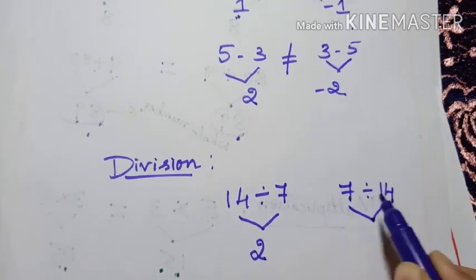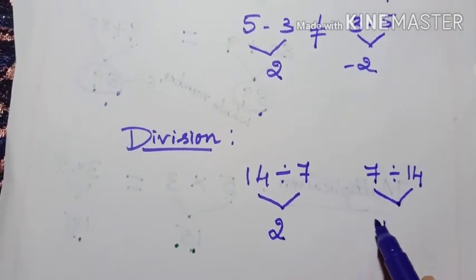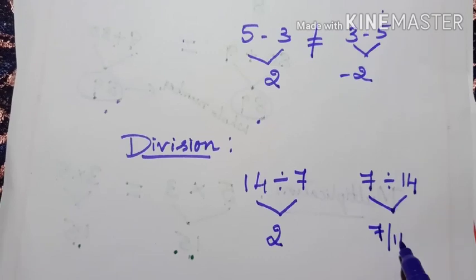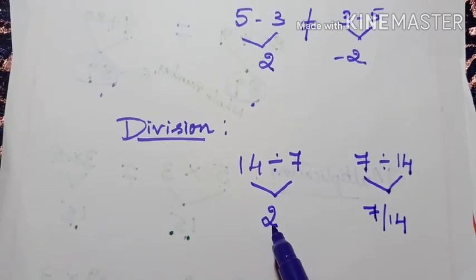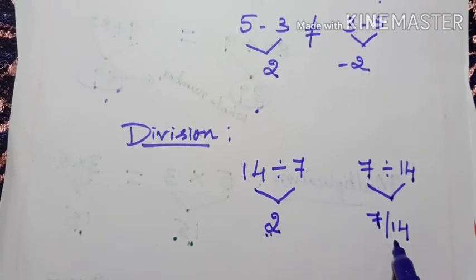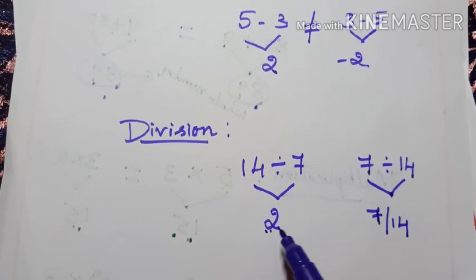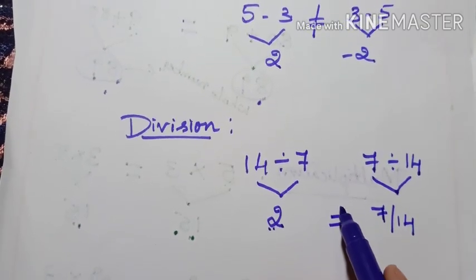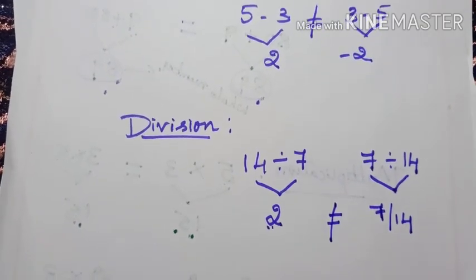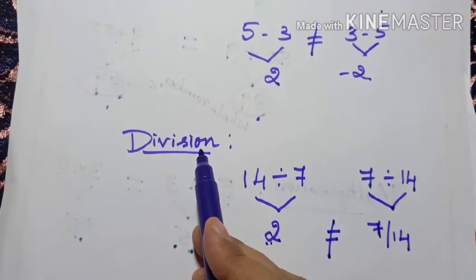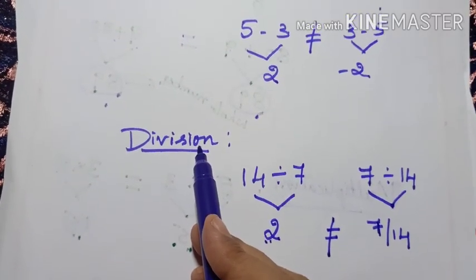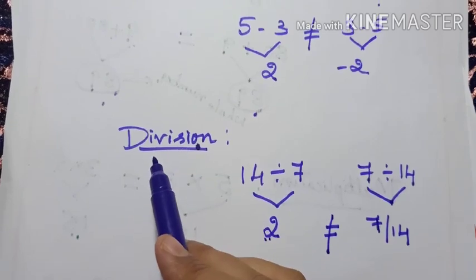Since 7 is smaller than 14, you can write it as 7 divided by 14. What answer did you get here? 2. And here it is 7 divided by 14. And these both are not equal. Hence, the commutative property does not satisfy under division.